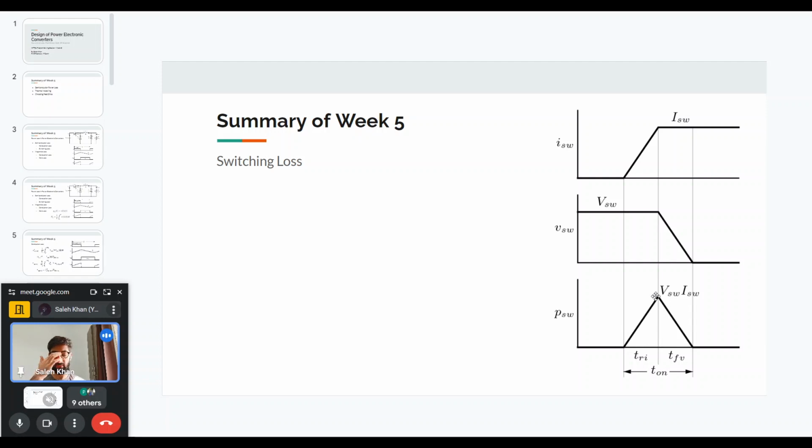And this we can approximate as a triangular waveform. If we want to find the average of it, we just integrate it and divide by the switching time period.